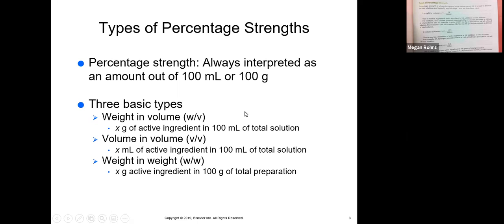So starting with percentage strength, anytime you see a percentage, we can always express that as an amount of medication out of a total of 100, in this case, milliliters or grams. We're going to take a look at some examples of that really quick here.